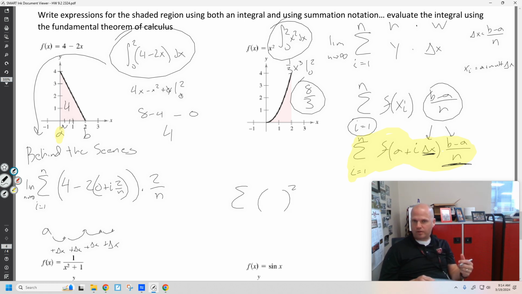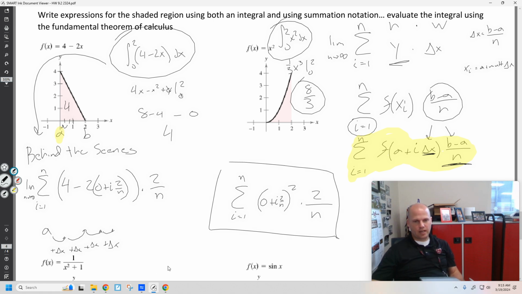Those are my y values, multiplied by my delta x's, which is my overall length divided by n. What are the y values you use? Well, you start at a and you add multiples of delta x, starting at 1, going to n. There is the behind the scenes to get 8/3.